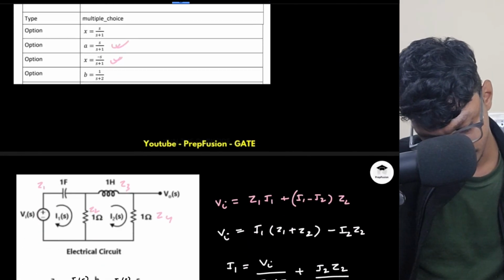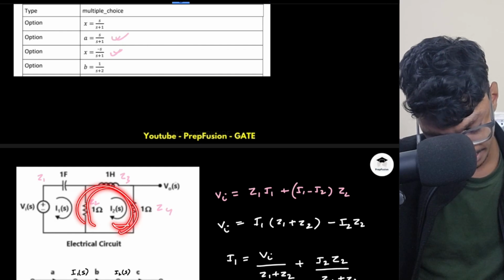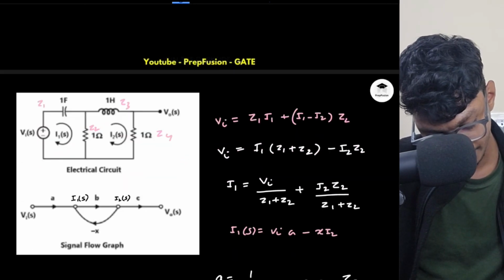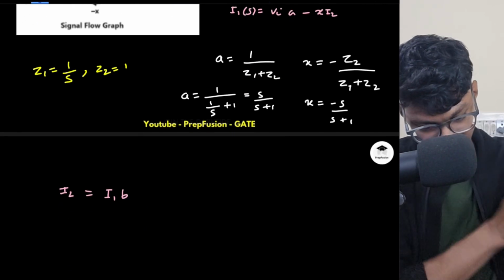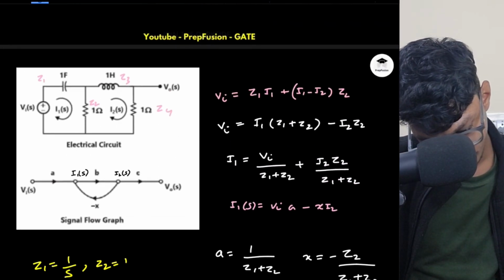So if I apply this KVL without writing VO in terms of I1 and I2, I will start from here.